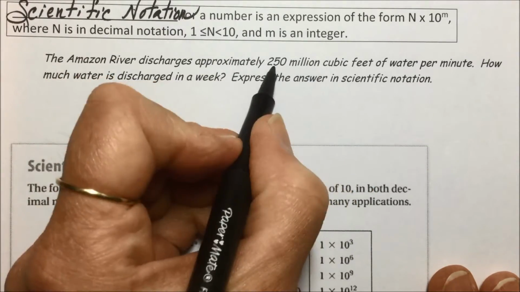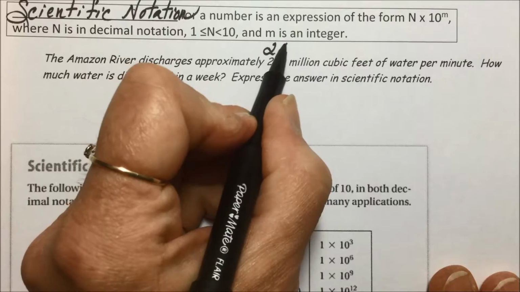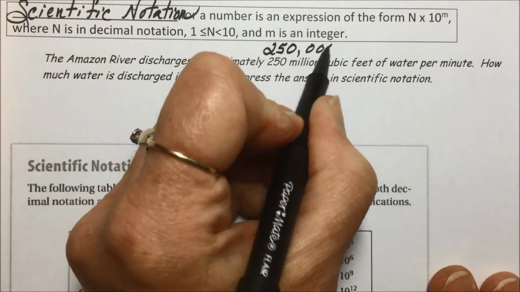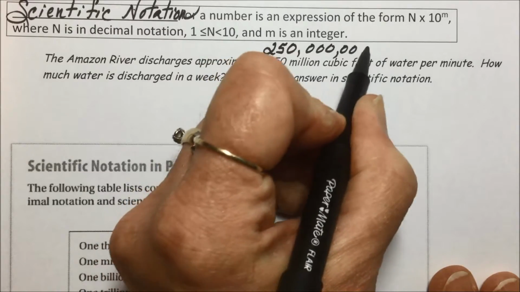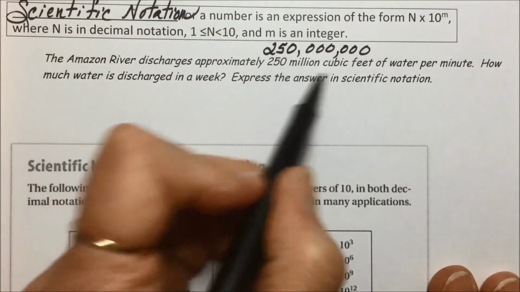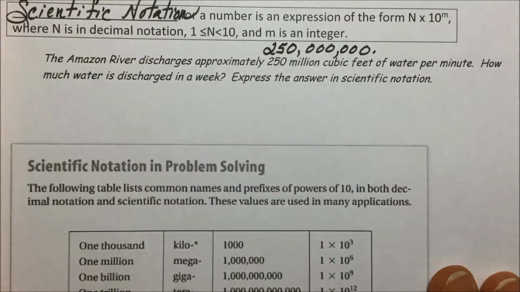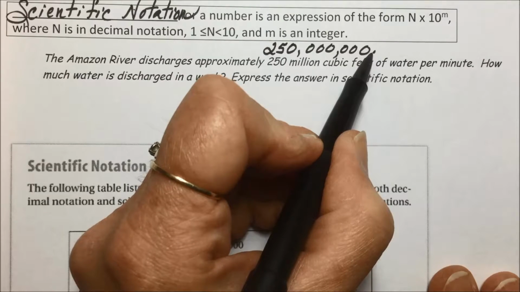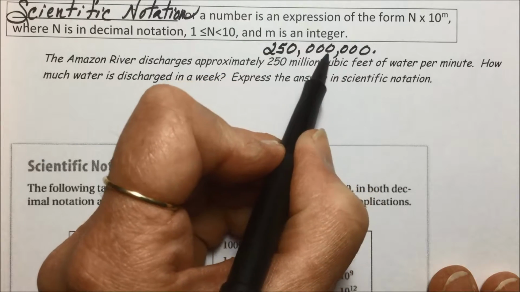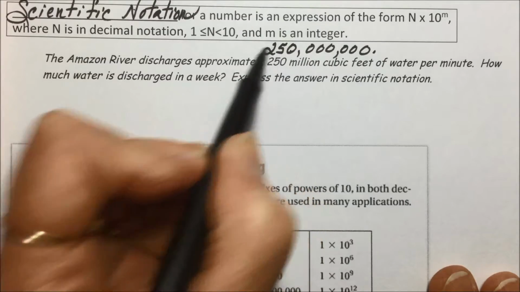Well, let's write that out just in standard form. 250 million means that there are 6 zeros following that number. Putting that in scientific notation, with our decimal over here on the far right, we're going to move the decimal place and count powers of 10: 3, 6, 7, 8.